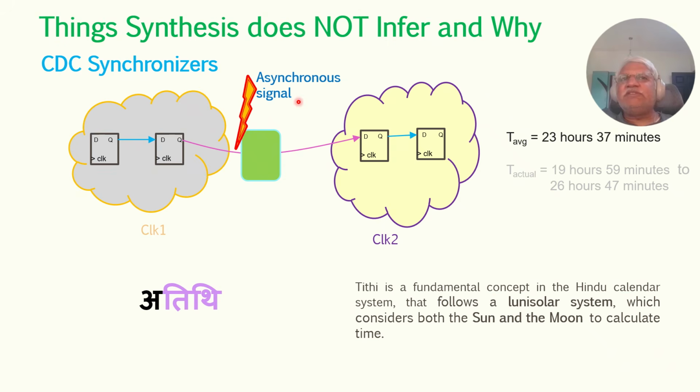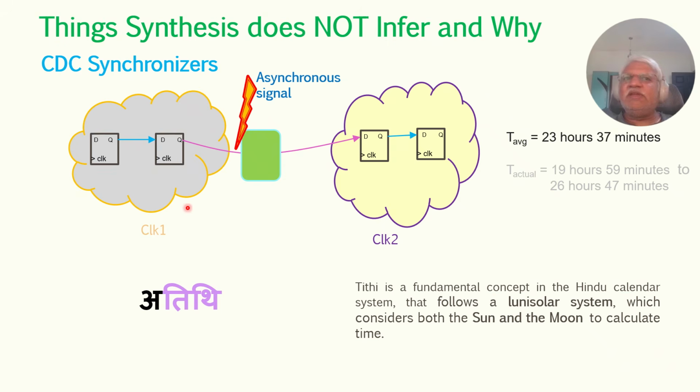This asynchronous signal also does not follow specific time constraints that this clock 2 domain corresponds to. So assume that this Atithi comes for lunchtime and arrives before time, and we will join the family.